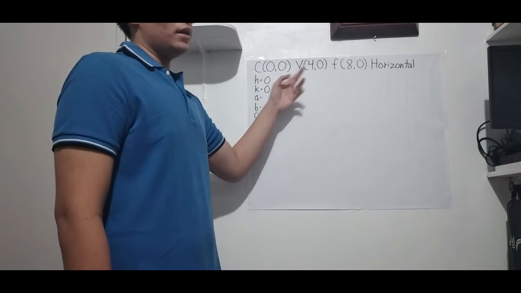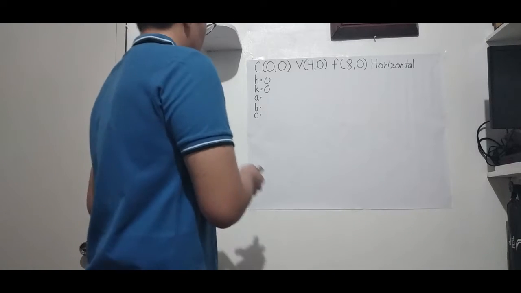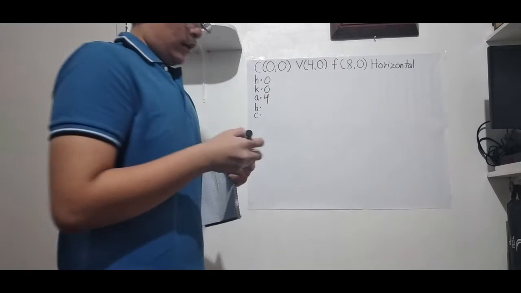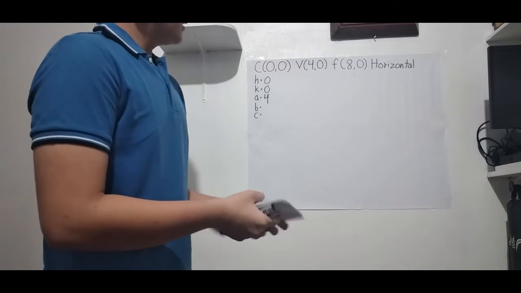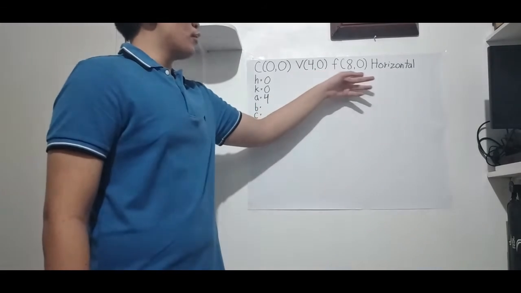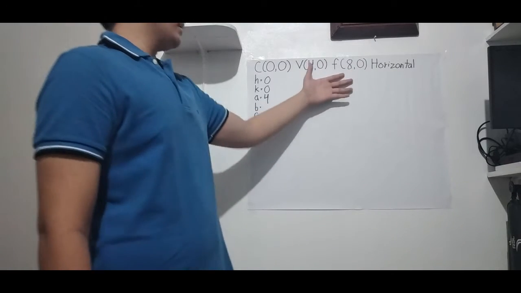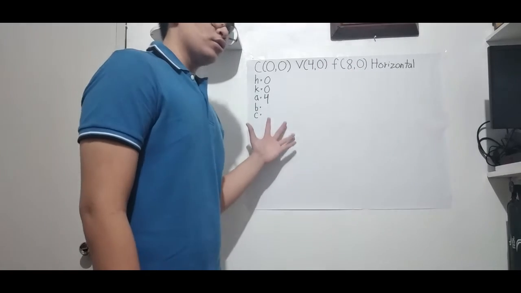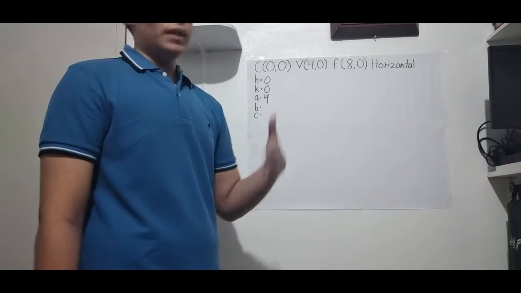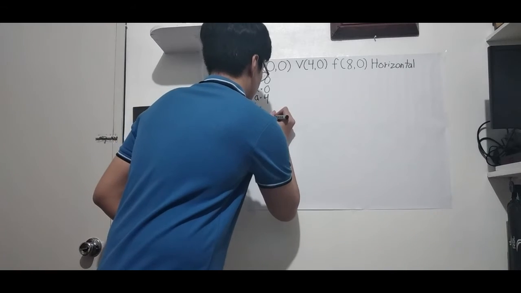That means a is equal to 4, so I'm just going to write 4 here. Our foci gives us our letter c, so c would automatically equal 8. I'm going to write 8 here.